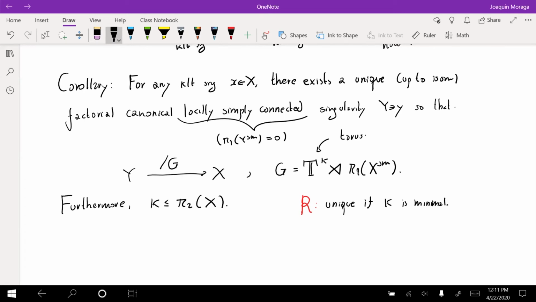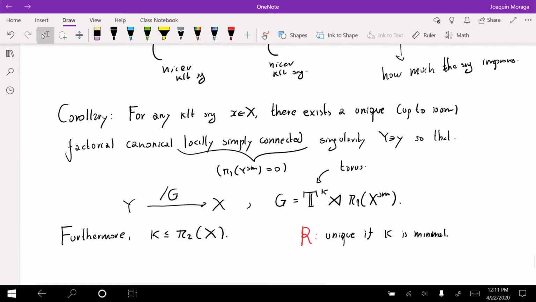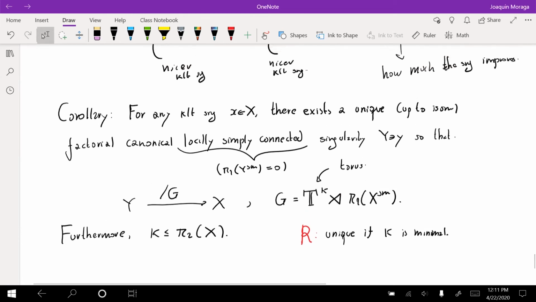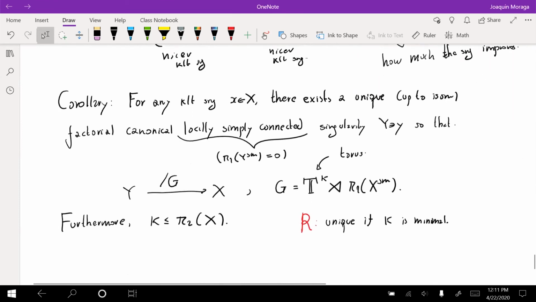So it's sort of an improvement of the universal cover of the singularity. This is like a universal cover that is also factorial. In many cases it seems useful to compute invariants. You go to this really nice singularity, and computing some invariant seems easier, and then you can try to understand how your invariant behaves when you quotient by G.